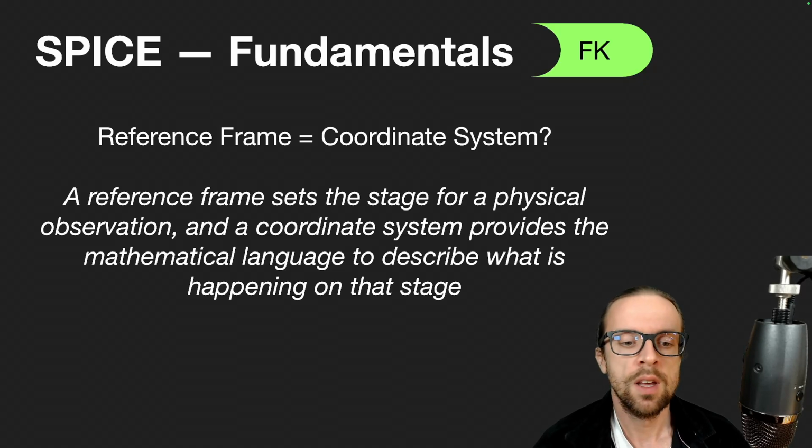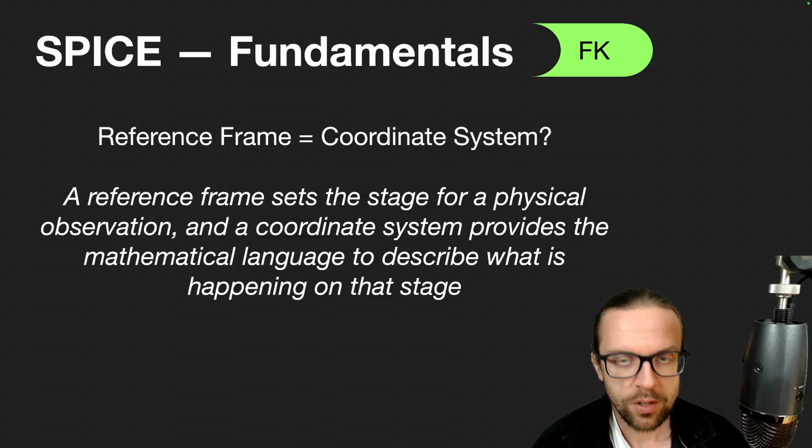So the reference frame is the stage, and the stage has its people, its settings and objects, and the positions where these people and objects are, are defined by the coordinates.